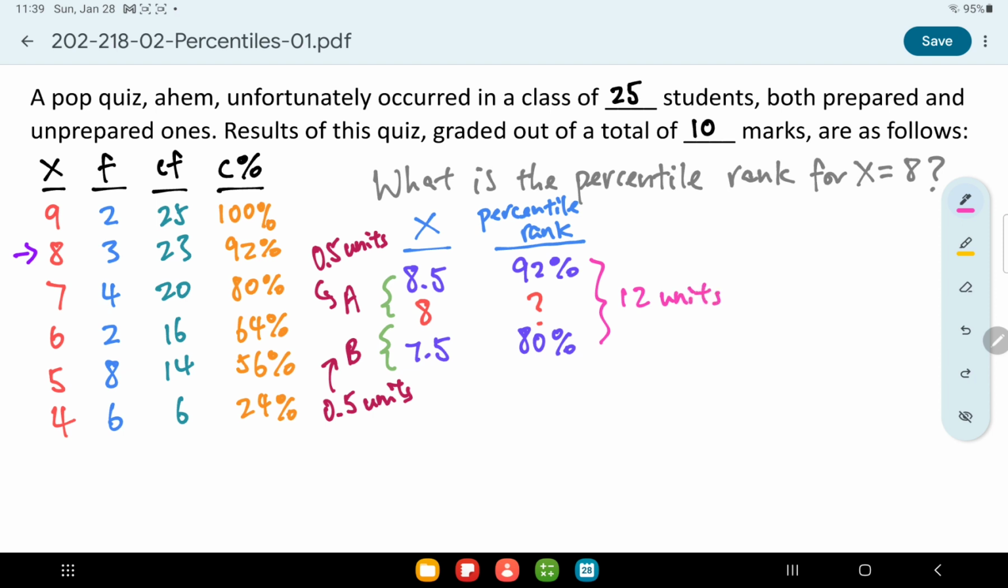And half of this gives us 6 units both ways. So 6 units below 92%, 6 units above 80%. Well, this is what we obtain. We come to the conclusion of 86%. So to the question, what is the percentile rank for x equals 8? This is the correct answer.